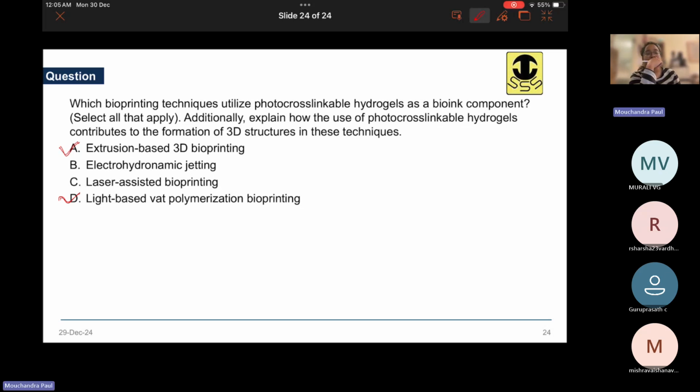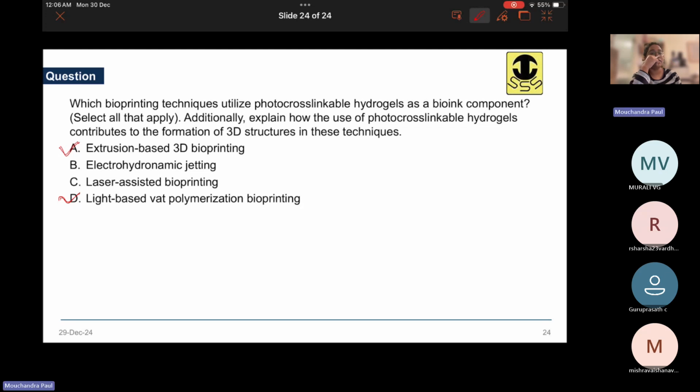Whatever literature I've seen for this bioprinting technique, they have not used photocross-linkable materials. They generally use alginate or another synthetic polymer of good viscosity, because we don't want light to directly start the photocross-linking reaction while it is in the ribbon.